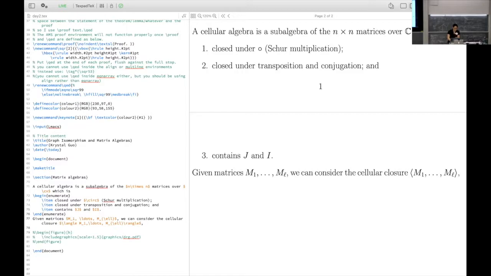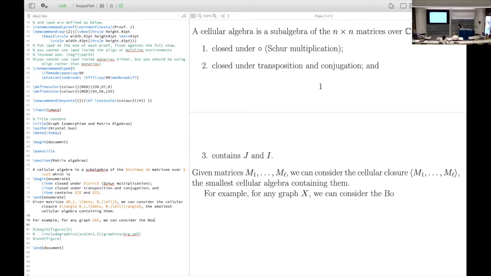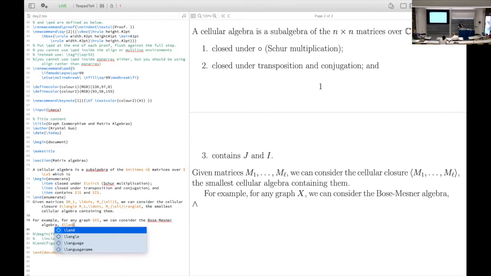So it's the cellular closure, the smallest cellular algebra. The first example is something very familiar to us. For any graph X, we can consider the Bose-Mesner algebra, which is the closure of A of X, the adjacency matrix.